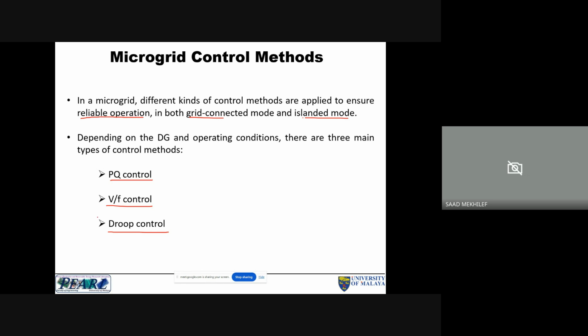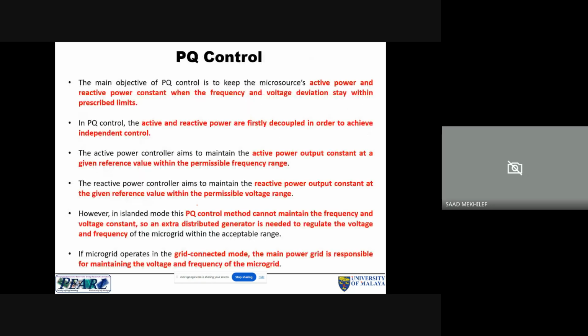So the PQ control, like I mentioned just now, keeps the microsource active and reactive power always constant when the frequency and voltage deviations are within limits, because for frequency and voltage you always have a limit, for example 50 plus 0.5 to 49.5, within that range.